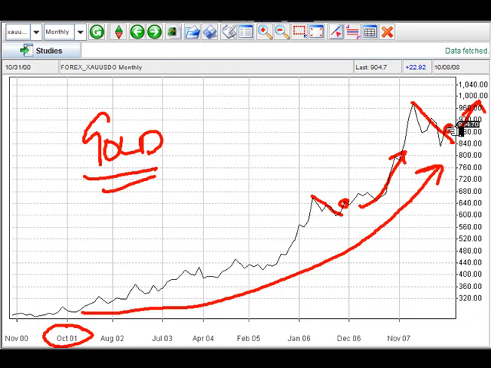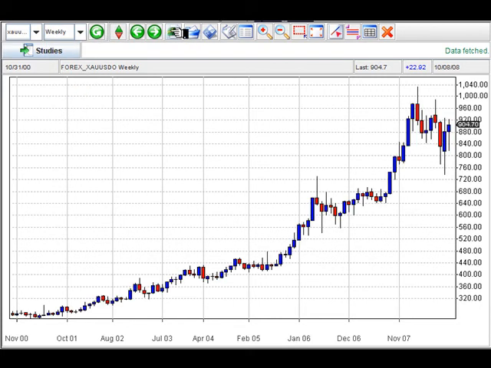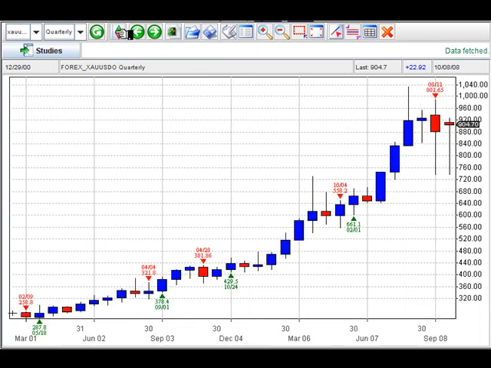I'll take everything off the screen again. I'm going to go up to a daily chart. Let's go with the weekly, actually, that's the best one to go with. I'm going to put this into a candlestick chart, and then we're going to look at our arrows. So that's quarterly, and here's the weekly.